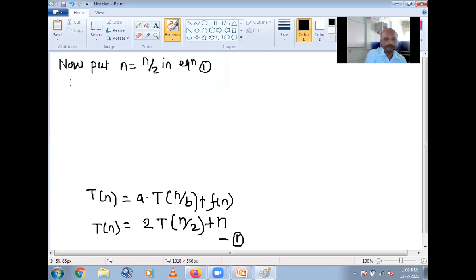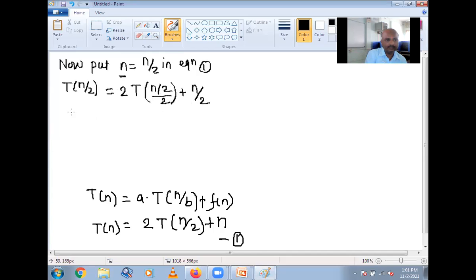For T of n by 2, instead of n we write n by 2, which gives 2 T of n by 2 upon 2 plus n by 2.